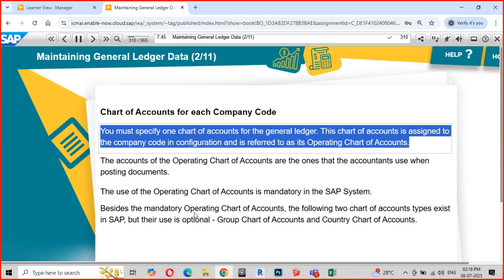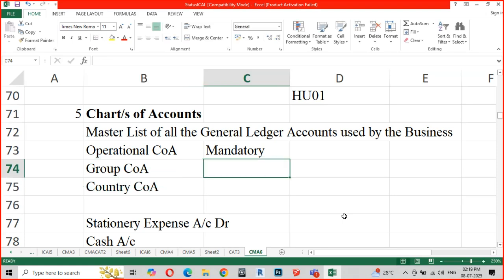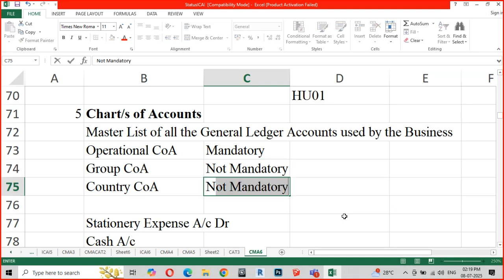Besides the operational COA, there are the group COA and the country COA, which may not be mandatory.